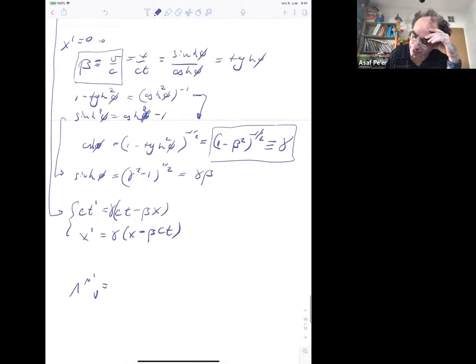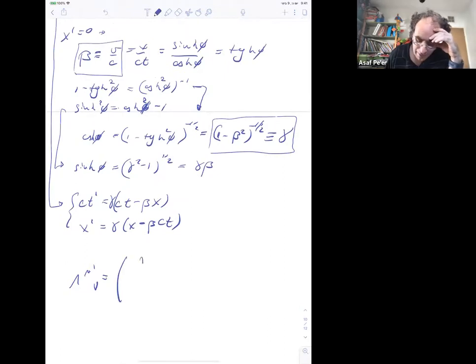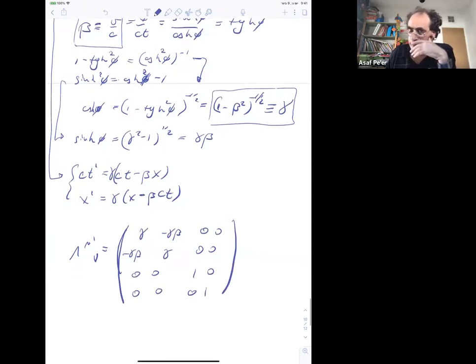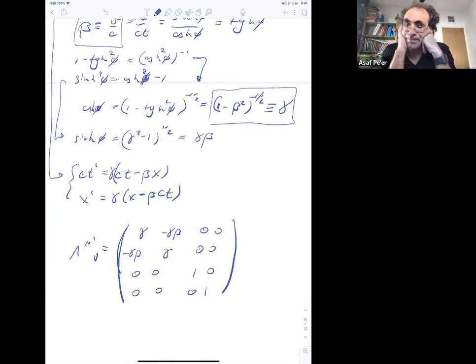So this is just gamma, minus gamma beta, 0, 0, and then minus gamma beta, gamma, 0, 0, 0, 0, 1, 0, 0, 0, 0, 1. Ta-da! I wasn't cheating.